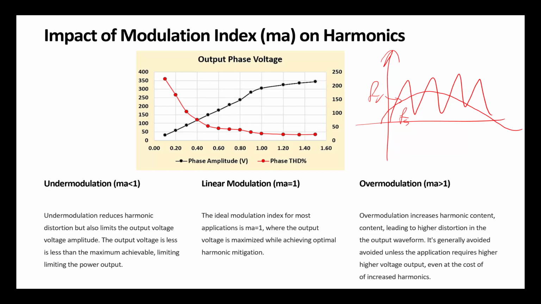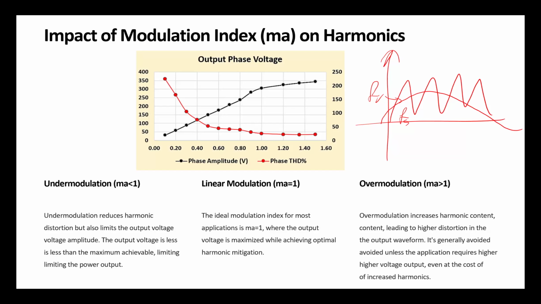We already said that we can change the modulation index. In the extreme example that I made earlier, you see that if we change the modulation index, definitely we change the amplitude of all the harmonics and the fundamental, right? So the modulation index is going to be an effective way to reduce or change the harmonics.